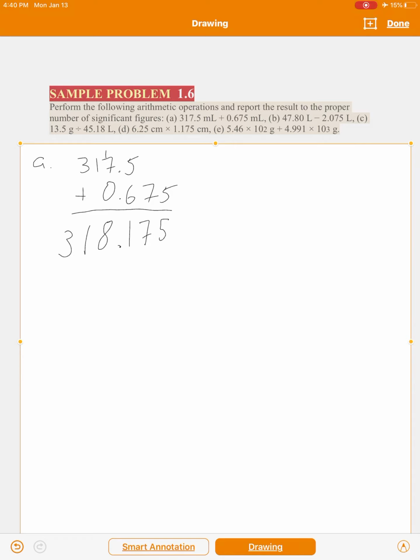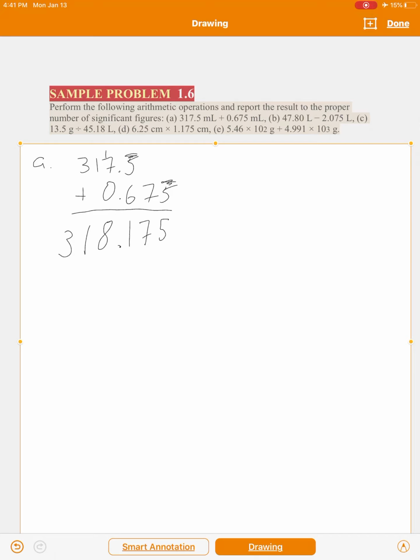Now, here's the idea behind significant digits and addition subtraction. The answer cannot be known to a degree any greater than any of the measurements that were used in the calculation. So the first number, the 317.5, only goes out to the tenths place, whereas the second measurement, 0.675, goes out to the thousandths.